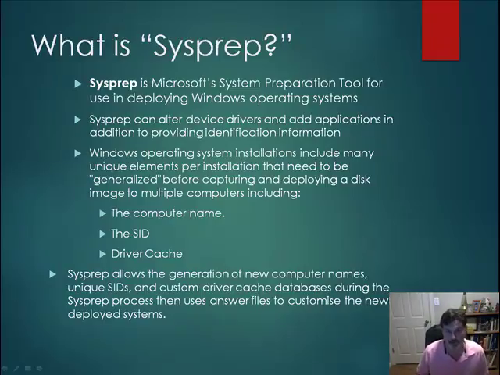There are things that definitely need to be changed or removed, and that includes, but is certainly not limited to, the computer name, the security identifier, the driver cache of the machine, and of course the user profiles on that machine as well.